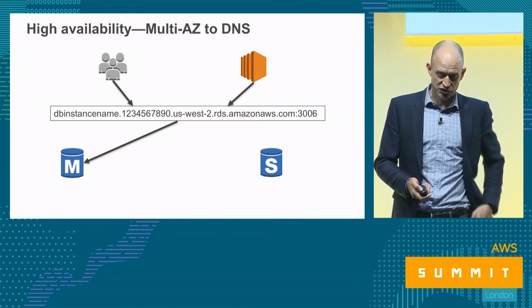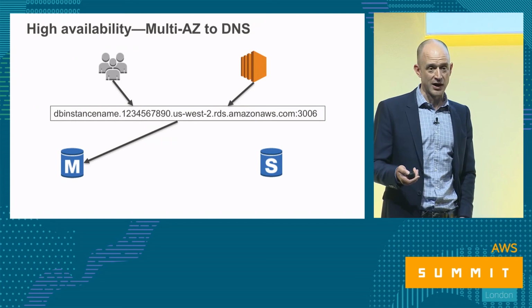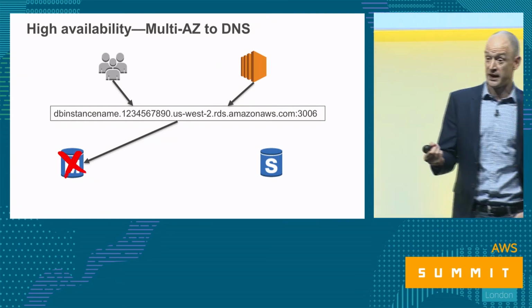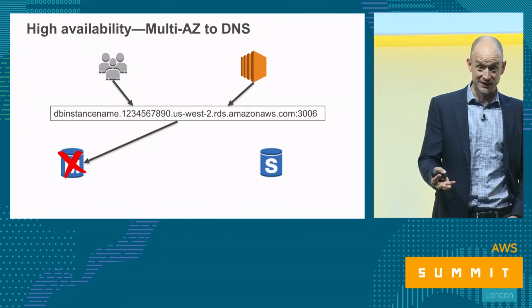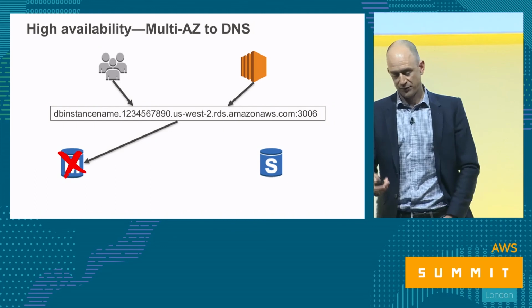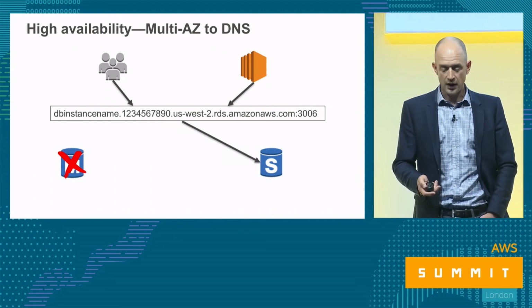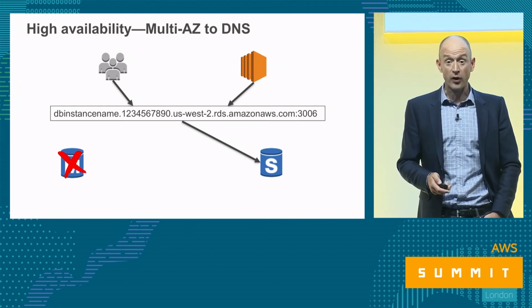And here's a slide that shows how that works. So let's say we have a failure of the primary node here. There's the failure. It might be a host failure, so maybe the underlying host has failed. It might be a storage failure. It could be an AZ failure. Any number of failure scenarios that this protects against. RDS will then detect that failure, repoint the endpoint to the secondary.